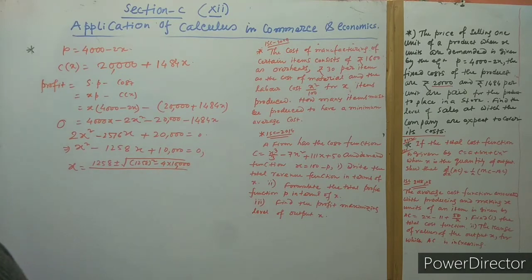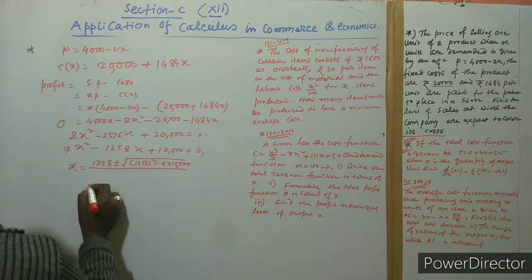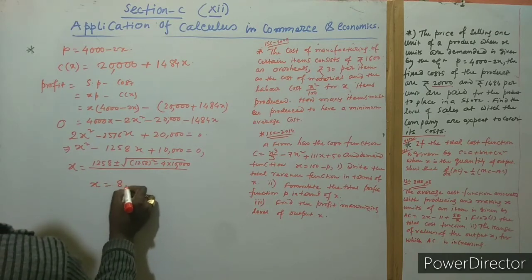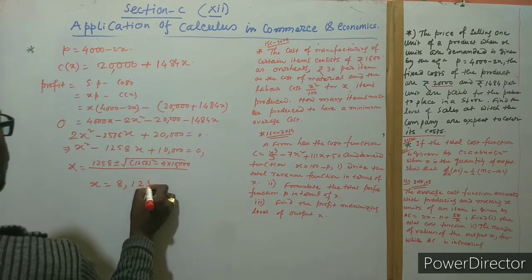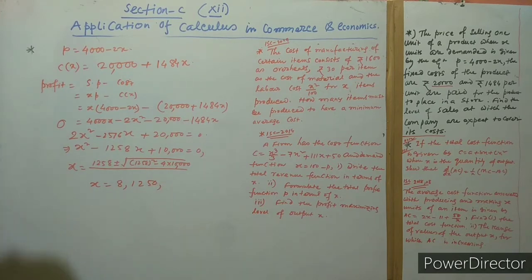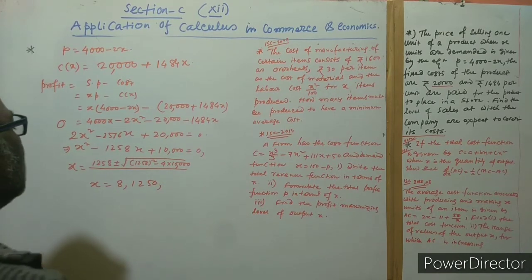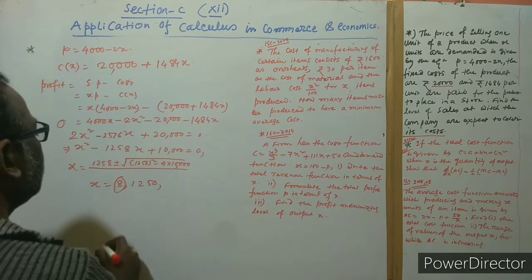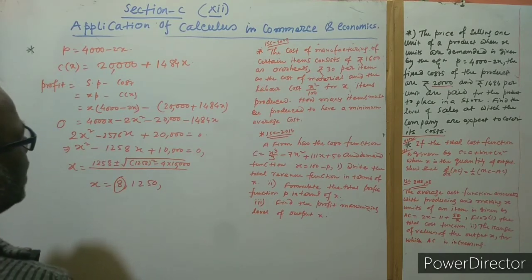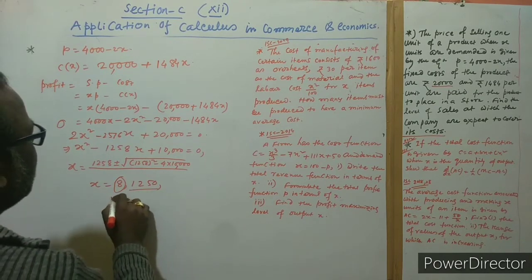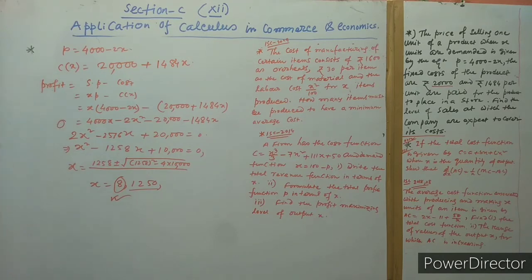Okay, so we get here 8 and 1250. So actually we covered the minimum level of output we need to find as your answer, but this is the mode. So the least value of x is here 8, your answer.